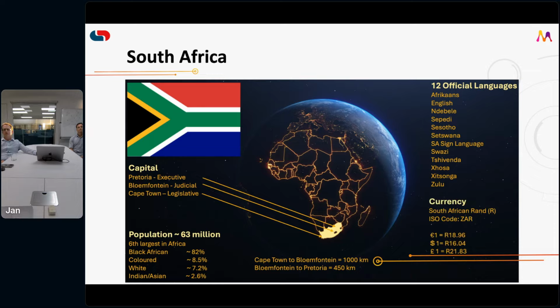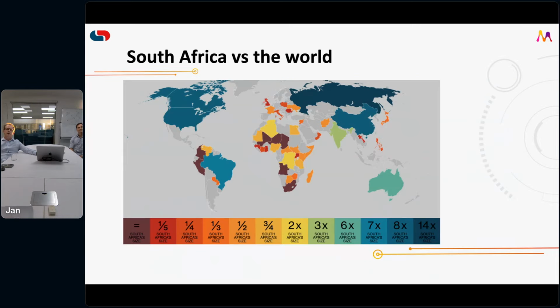Our currency is Rand, R-A-N-D, and currently it's not worth that much, but we are very positive about our country and moving forward. Just comparing how big South Africa is to countries in Europe, as you can see here, South Africa is quite big. It's larger than most countries in Europe.